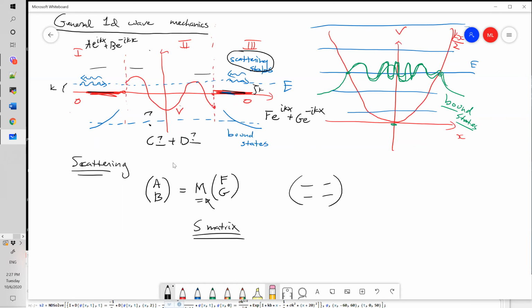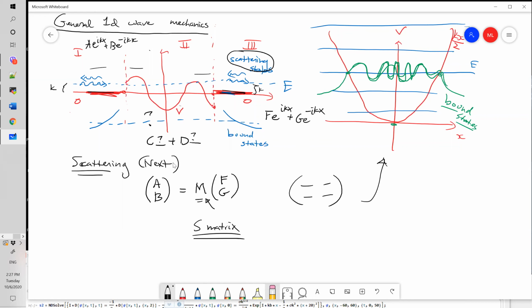So that's what we'll do next, and then hopefully we'll get through that reasonably quickly, and then we'll go back to the harmonic oscillator after that. So this is for next time. We'll do scattering. And then we'll go back to the harmonic oscillator. And in the notes, I included some more examples like the finite square well and stuff.